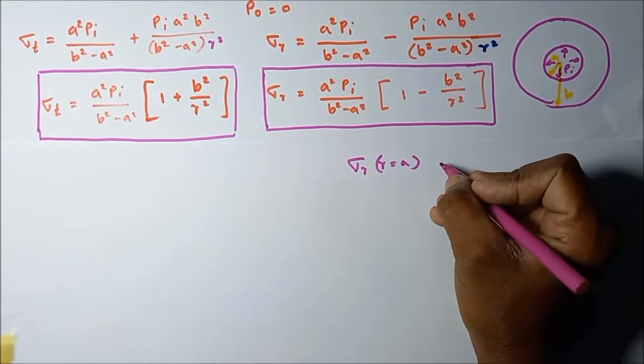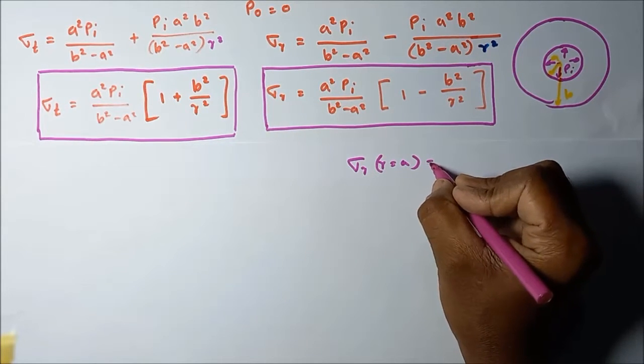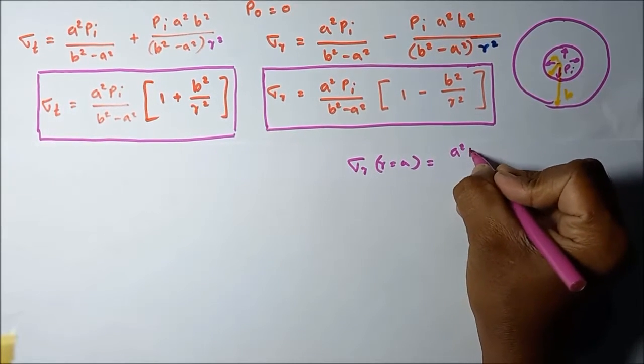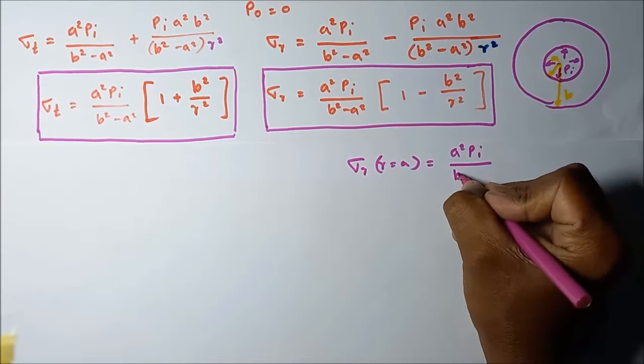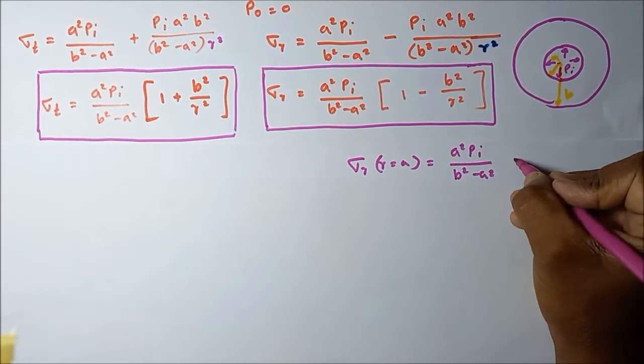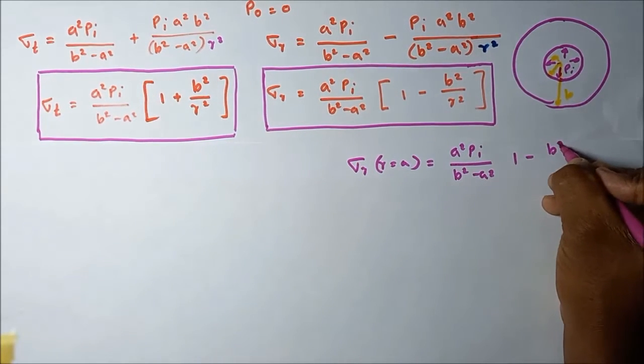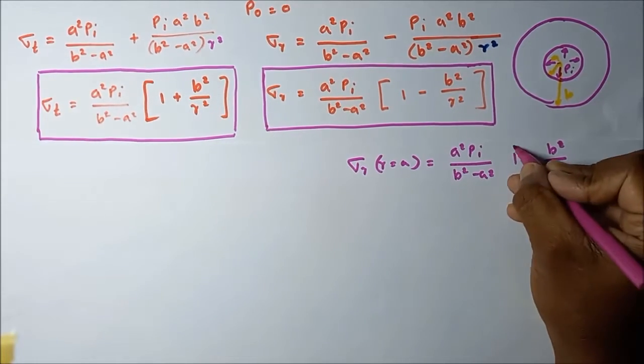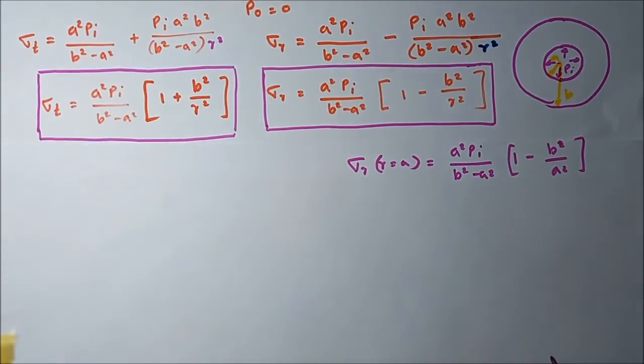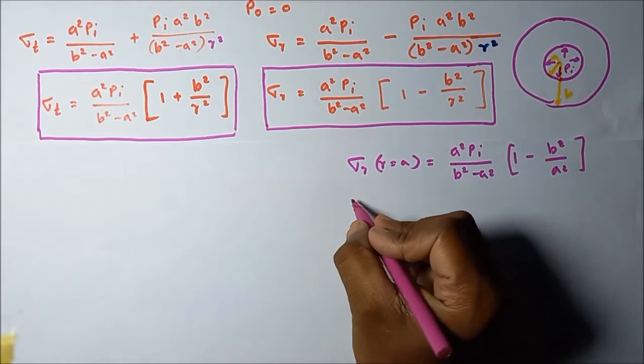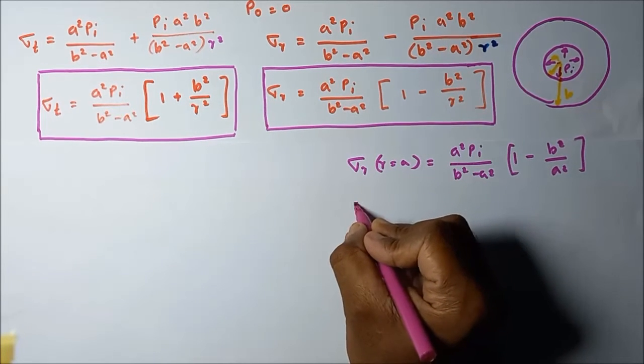What is the maximum value? A square Pi divided by B square minus A square, times 1 minus B square divided by A square. This is the maximum value for sigma R in this situation.